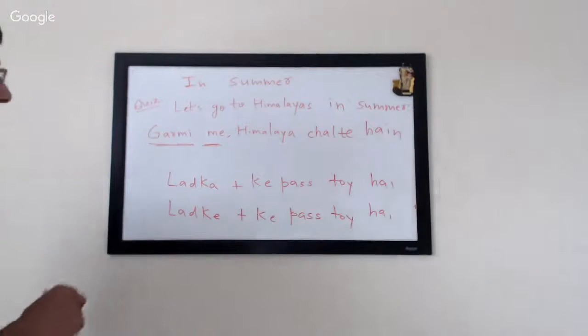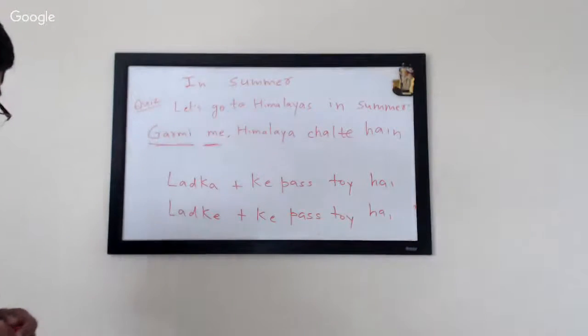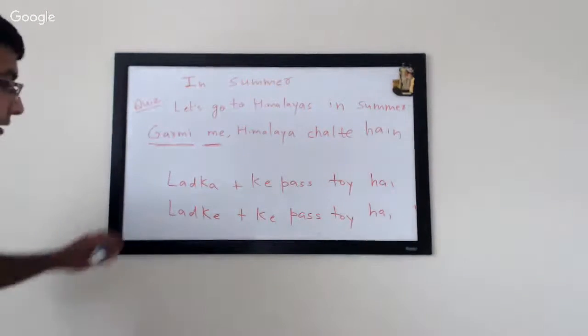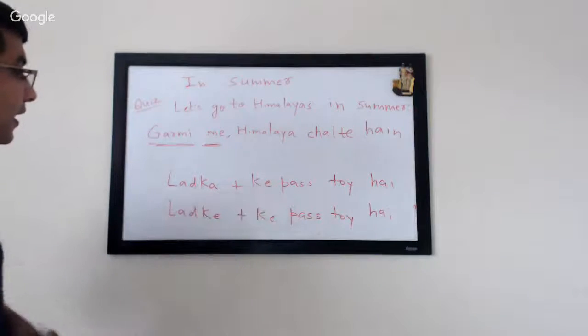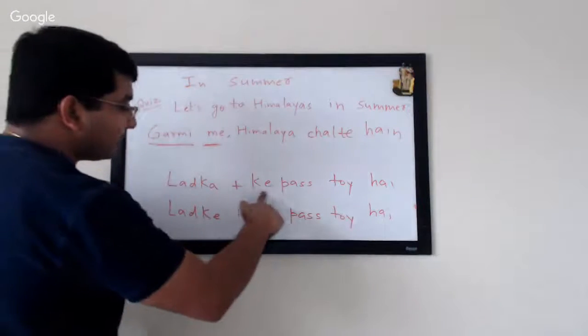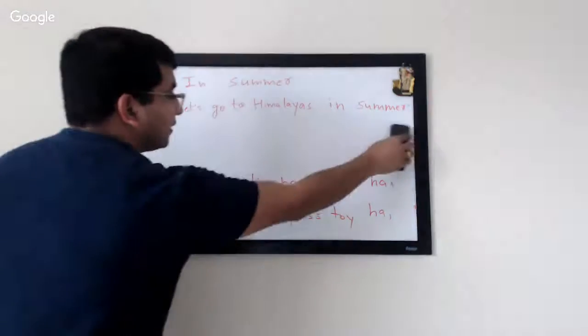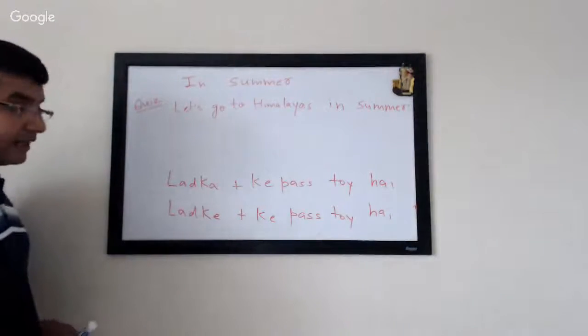Let's say you have these two sentences: ladka singular, के पास toy है. Whenever you are using a postposition, in this case, ladka becomes ladke.